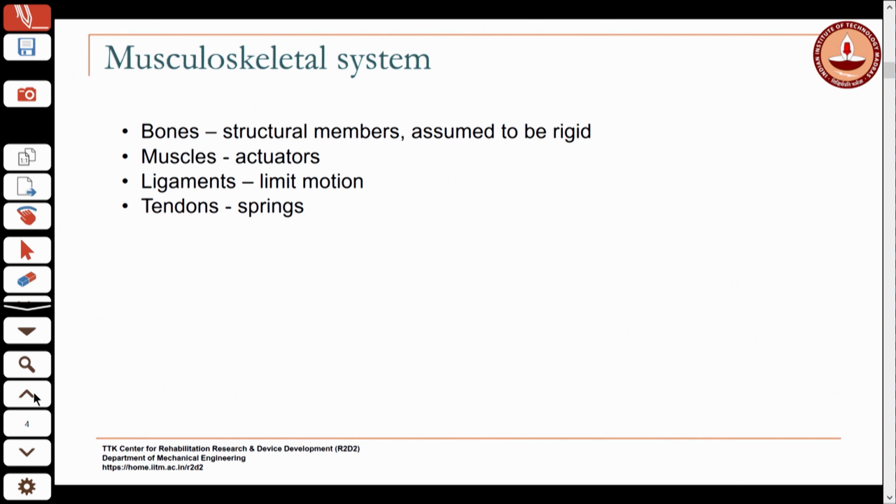You have ligaments, which are the soft tissue that connects bone to bone.